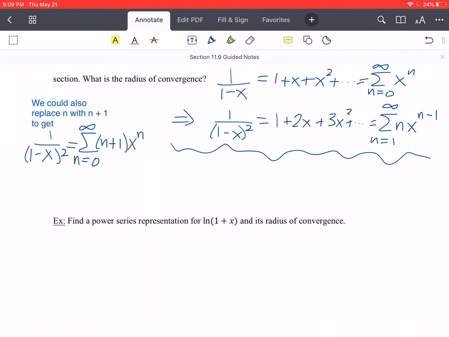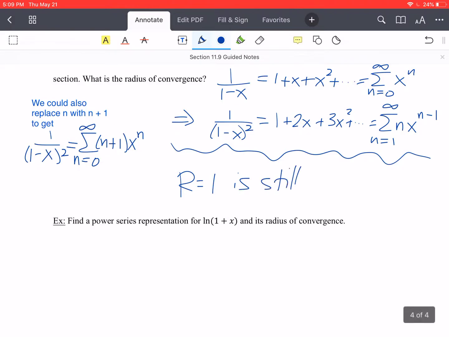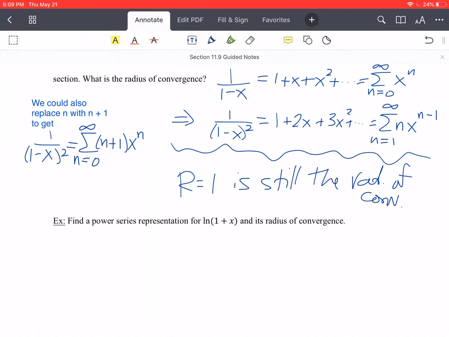If you wanted n to start at 0 and you wanted to have x to the n as your power there, then you could just shift the whole thing down by using n plus 1 instead of n. The radius of convergence, like I mentioned, of the differentiated series is the same as the original. So r equals 1 is still the radius of convergence. That is unchanged.